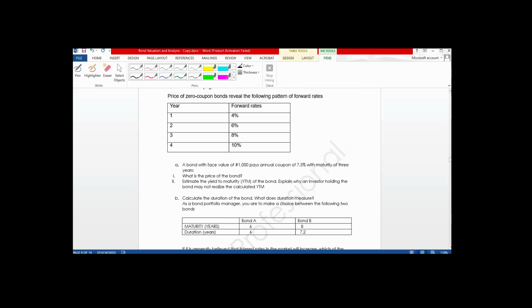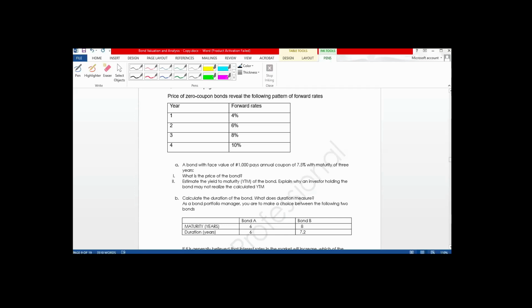Step 2, you are going to use the yield to maturity to discount the cash flows from the bond.